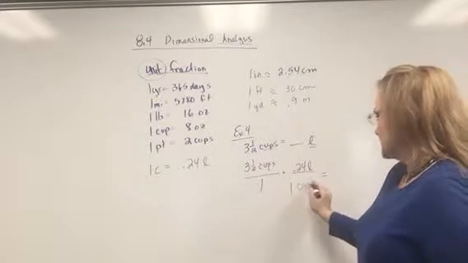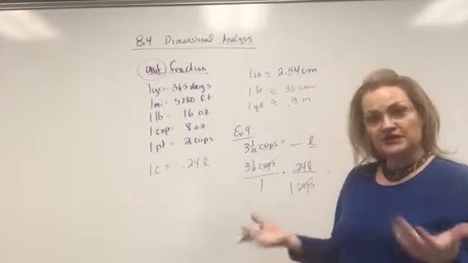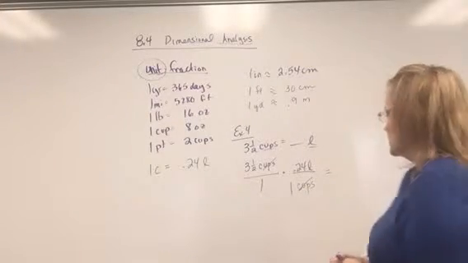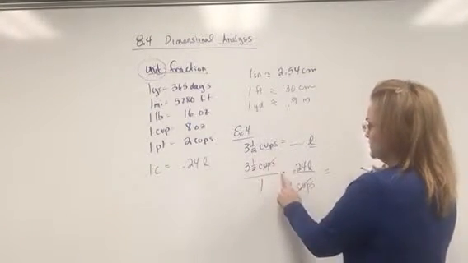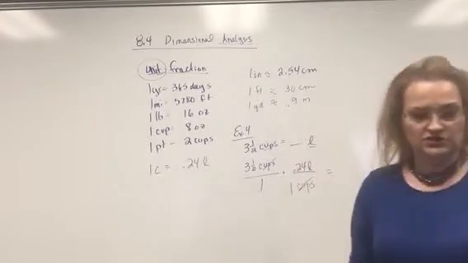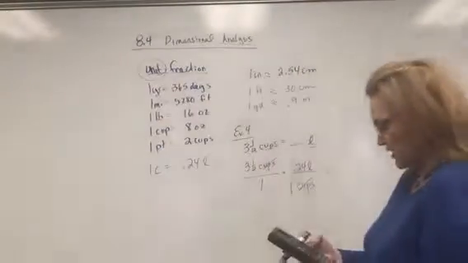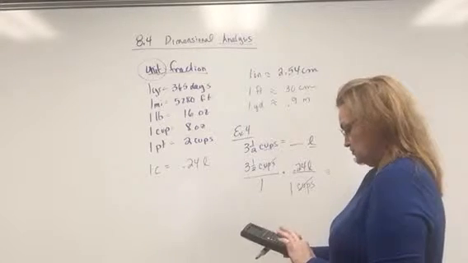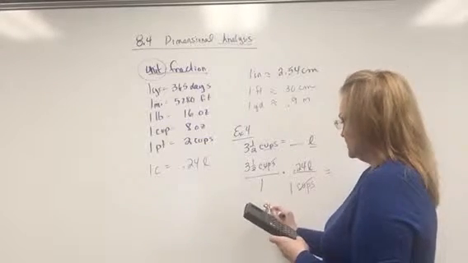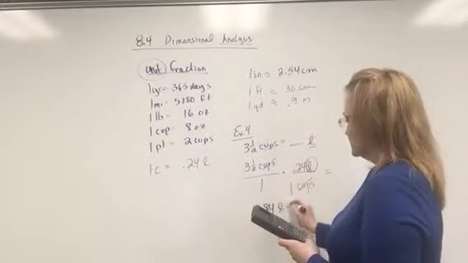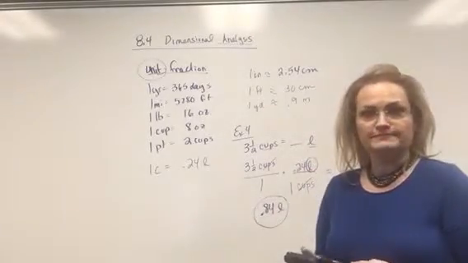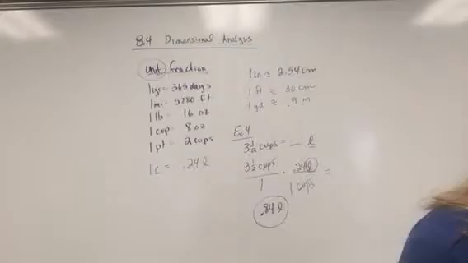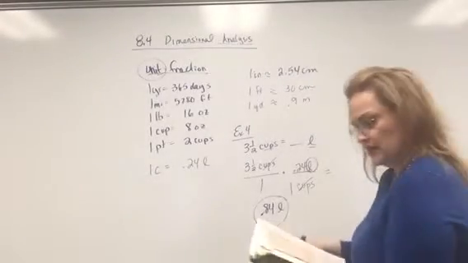When I multiply, the diagonal units cancel, so cups cancels like I wanted it to. And then you're left with 3.5 times 0.24. You can do that on your calculator as a fraction or as a decimal. I'm going to do 3.5 times 0.24. That is 0.84, and it's left in liters, and that is my answer for that one. Okay, let's try that again.